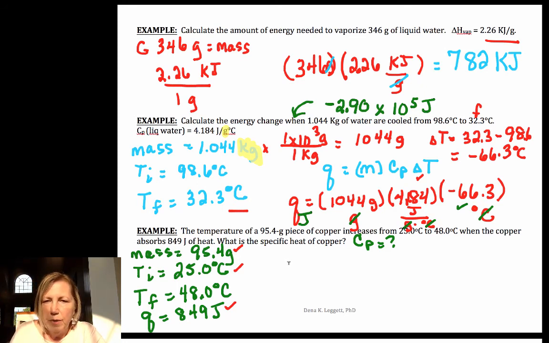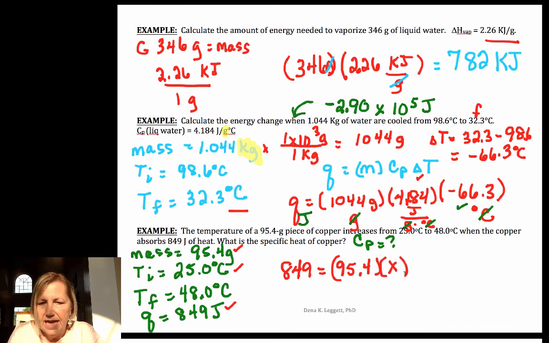So I'm going to use my MCAT formula. So 849 is going to equal my mass in grams times my heat capacity, which is unknown, so times X, times my change in temperature, which is always final minus initial. That will give me 3 sig figs there, 3 and 3.